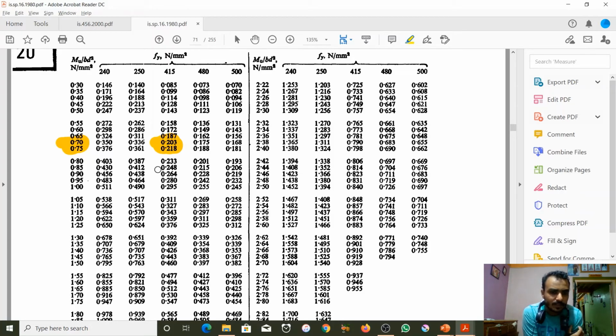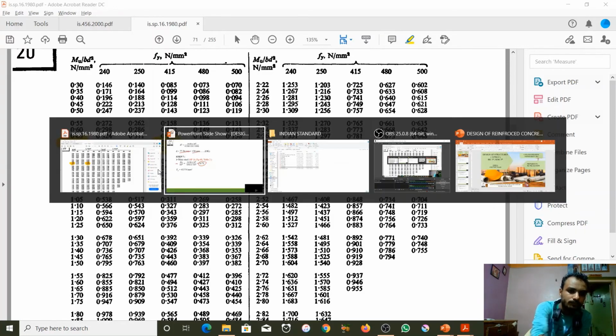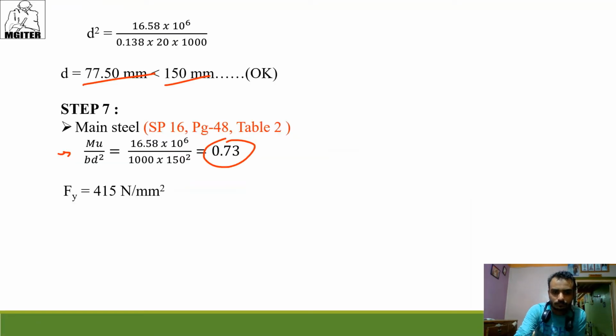Take the average, 0.203 plus 0.218 divided by 2. So FCK 20, so PT is 0.218. These are the percentage of steel PT.